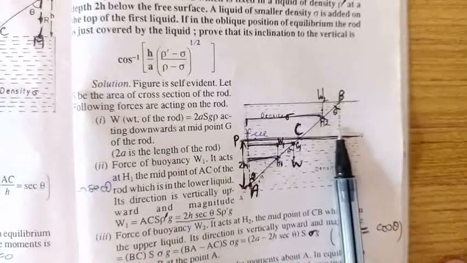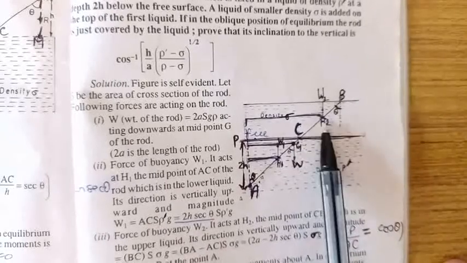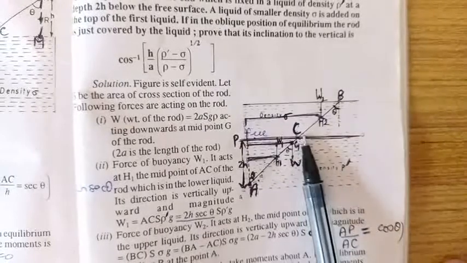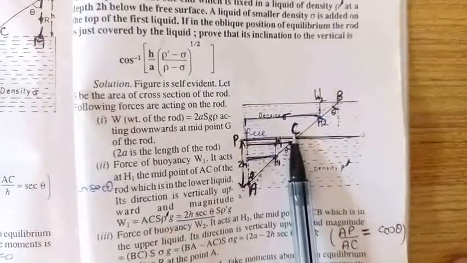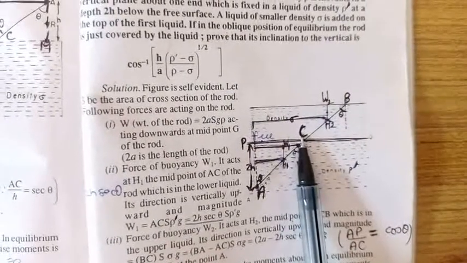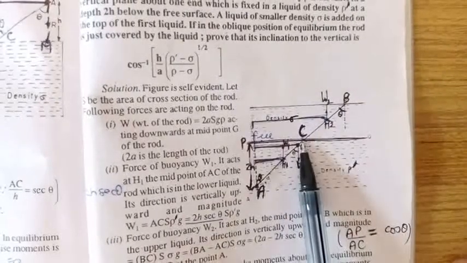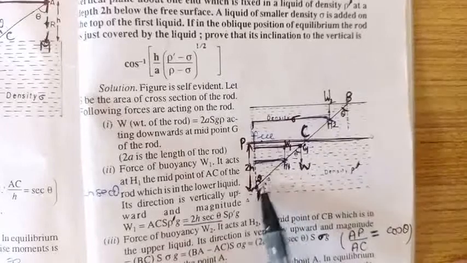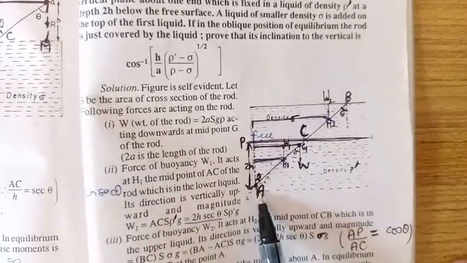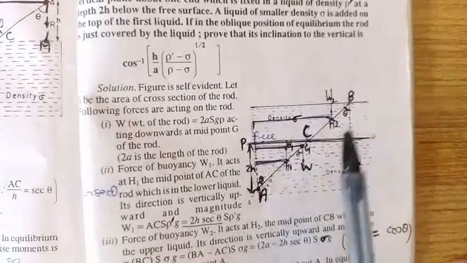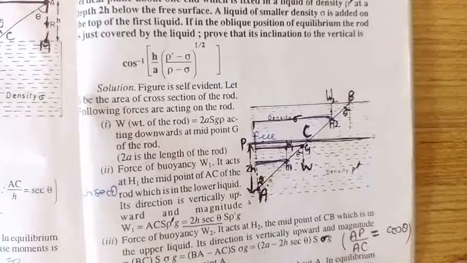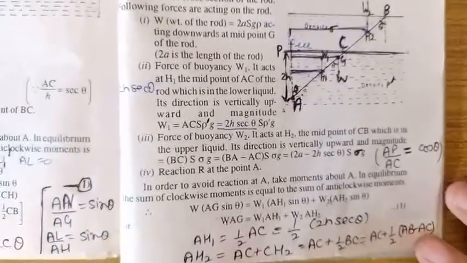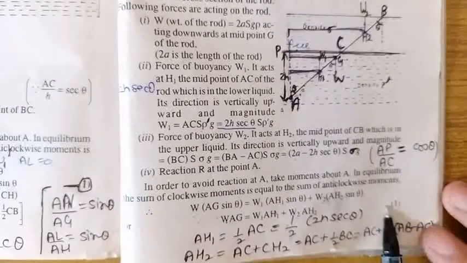AC we have obtained already, and we are to find CH2. H2 is the midpoint of BC, so CH2 will be half of BC. Now how can we find BC? BC can be obtained by subtracting the length AC from the length AB. So BC is given by AB minus AC. So we have obtained all the distances.